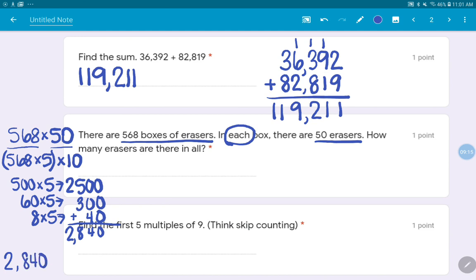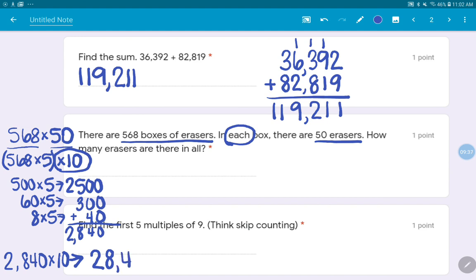Okay, so we've got 2,840, but is that our answer? No. What do we have to do? You have to times it by 10. Now we've got to come back and we've got to take care of this times 10. And that means you just put an extra 0. That means that we're going to just add the extra 0 at the end. You're right. So everything moves over. My 2,000s becomes 10,000s. My 800s becomes thousands.